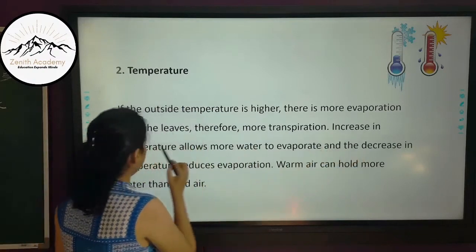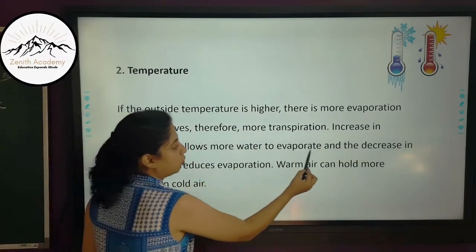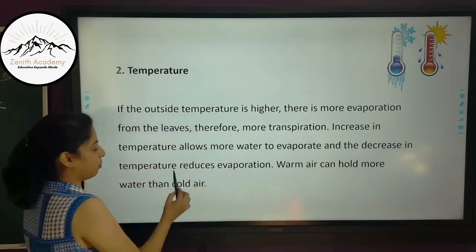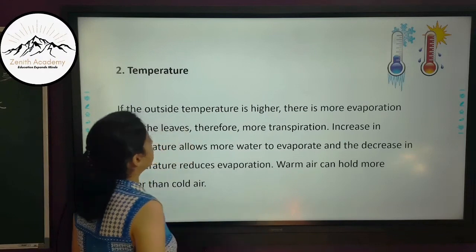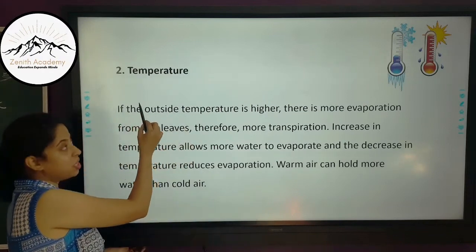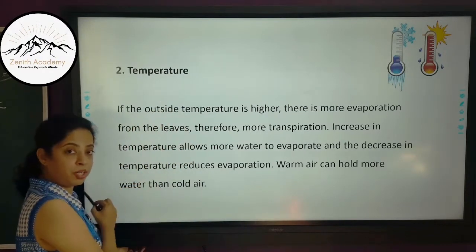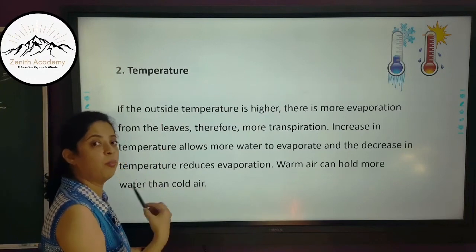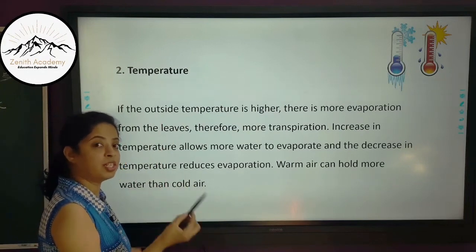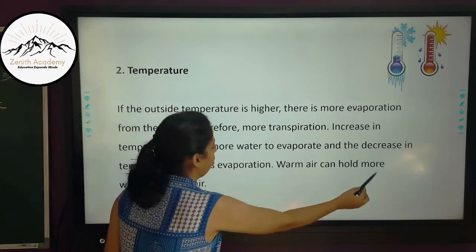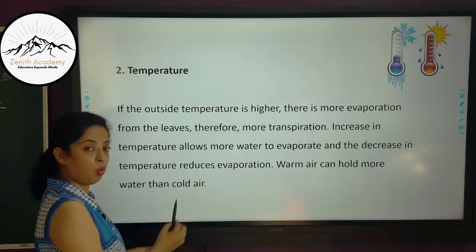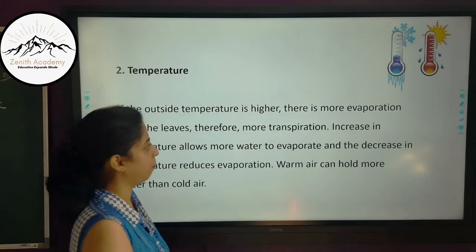Increase in temperature allows more water to evaporate and decrease in temperature reduces the evaporation. So we can say that transpiration is directly proportional to temperature. More the temperature, more the transpiration. Temperature is less, transpiration is less. Now, warm air can hold more water than cold air. This also you should remember.